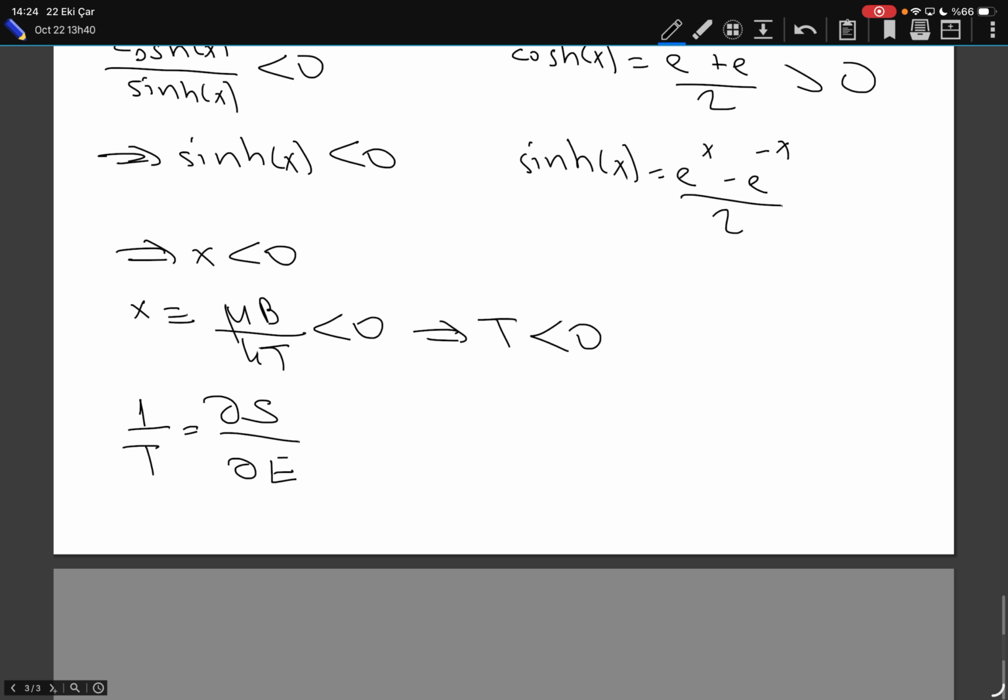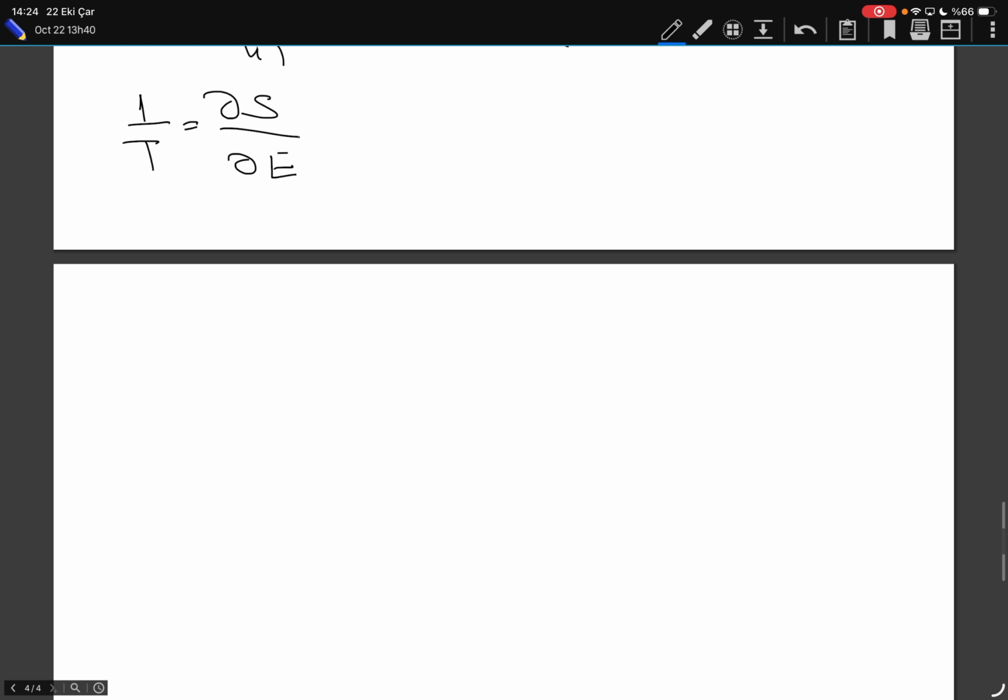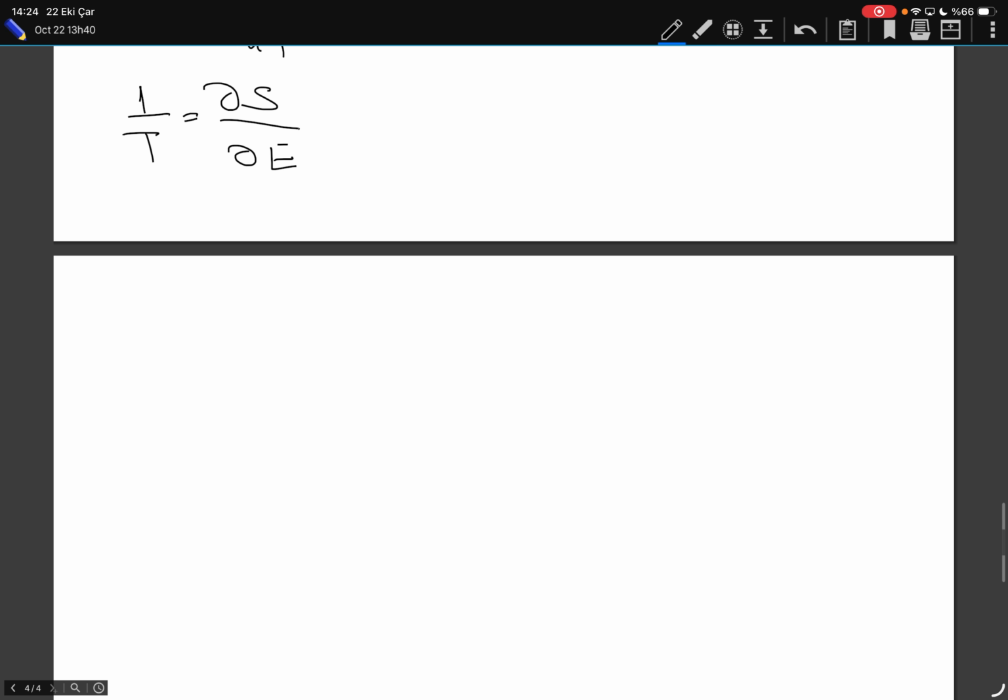Now, the reason why the temperature needs to be positive is, let's look at the partition function. Sum over all microstates. We want this sum to converge. If you put a system in a finite volume, this should converge if temperature is positive.